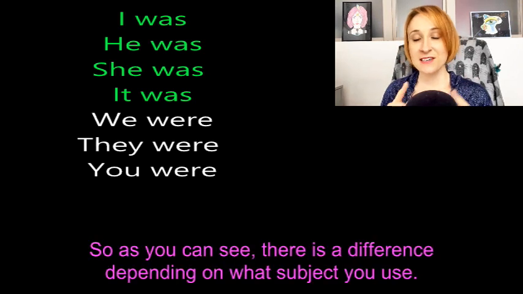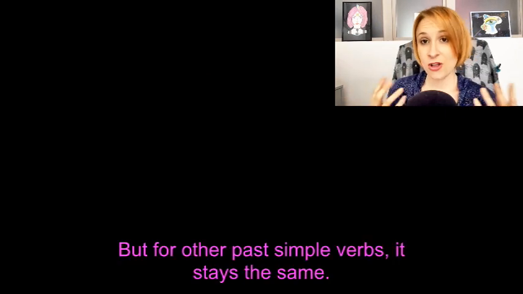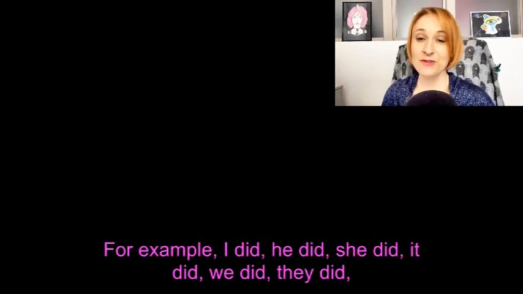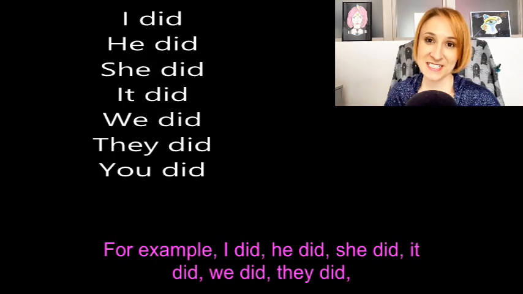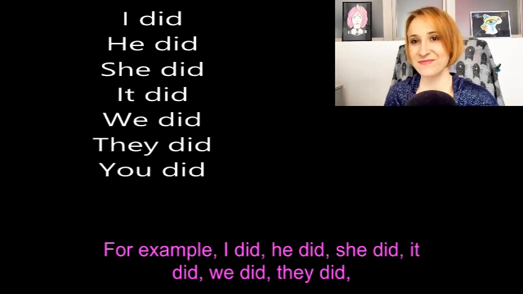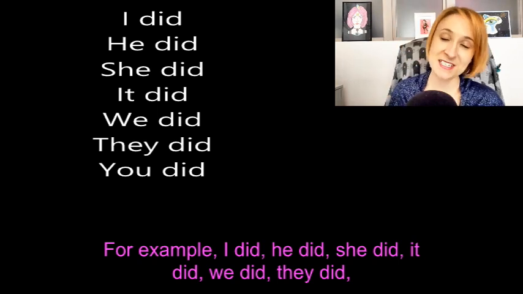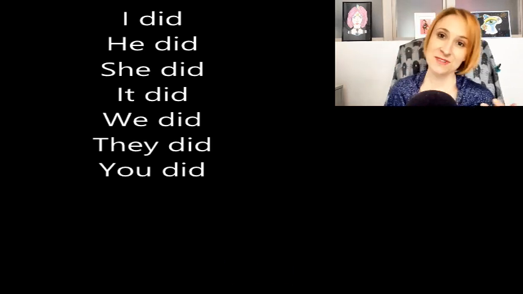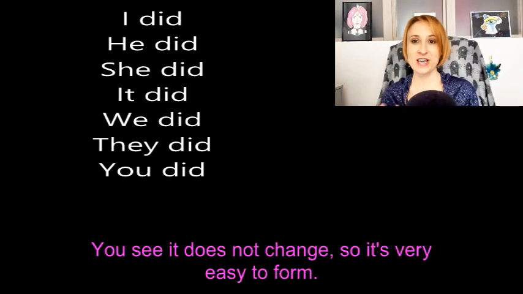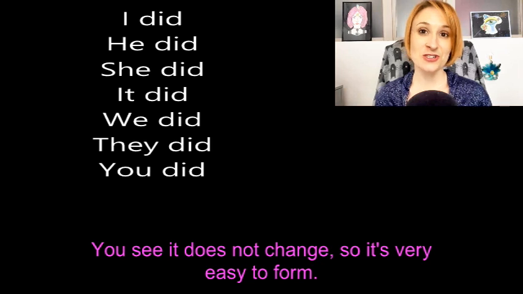So as you can see, there is a difference depending on what subject you use. But for other past simple verbs, it stays the same. For example, I did, he did, she did, it did, we did, they did, you did. You see, it does not change, so it's very easy to form.